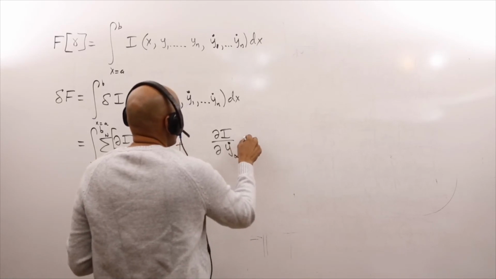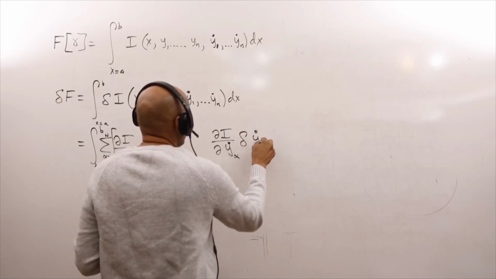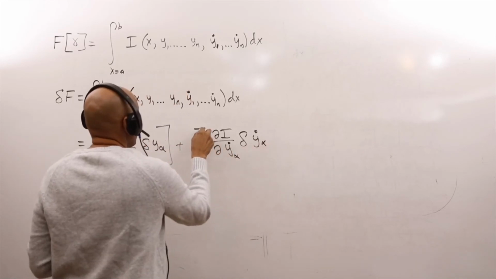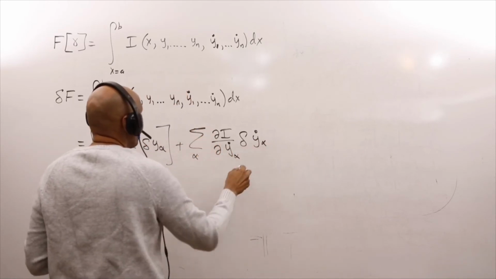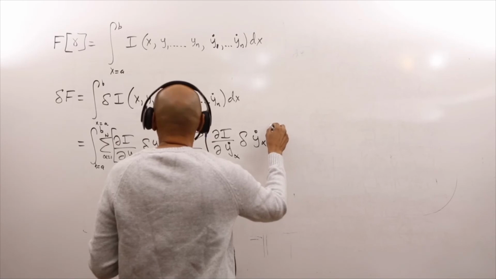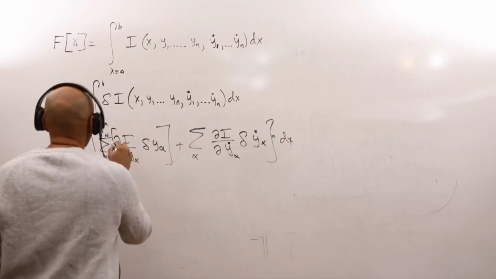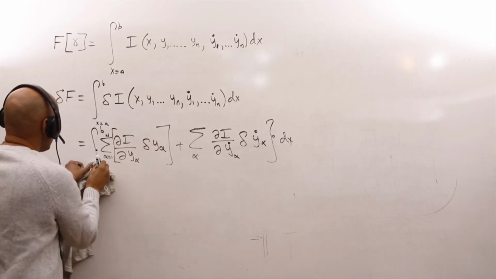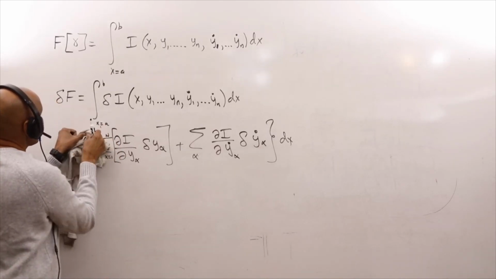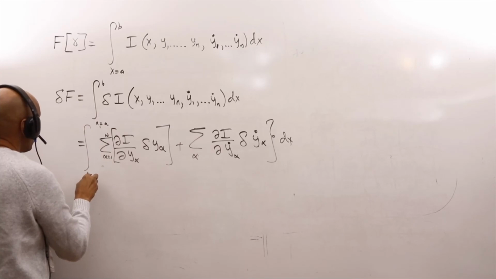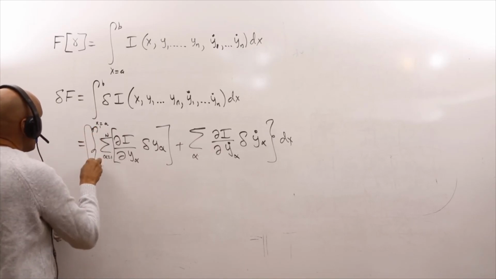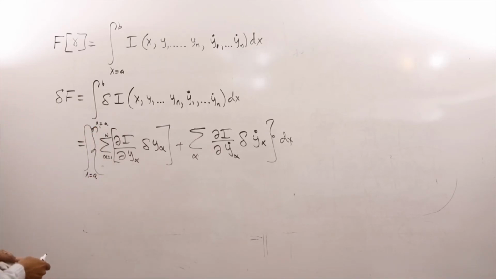Anyway, this is the variation of y dot alpha, summation over alpha, and dx. Let's put braces around this and we'll erase this and put more space. Okay, so we've done that.